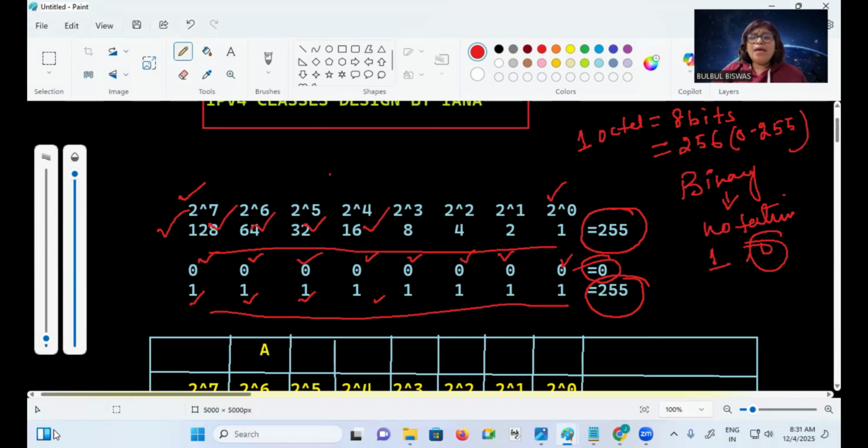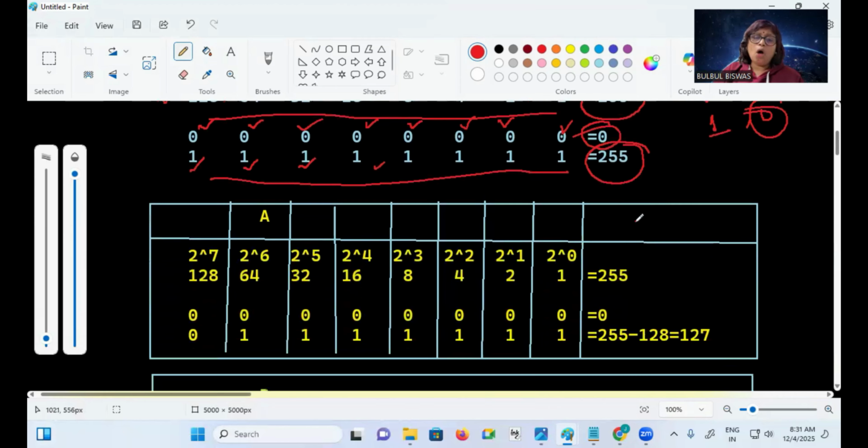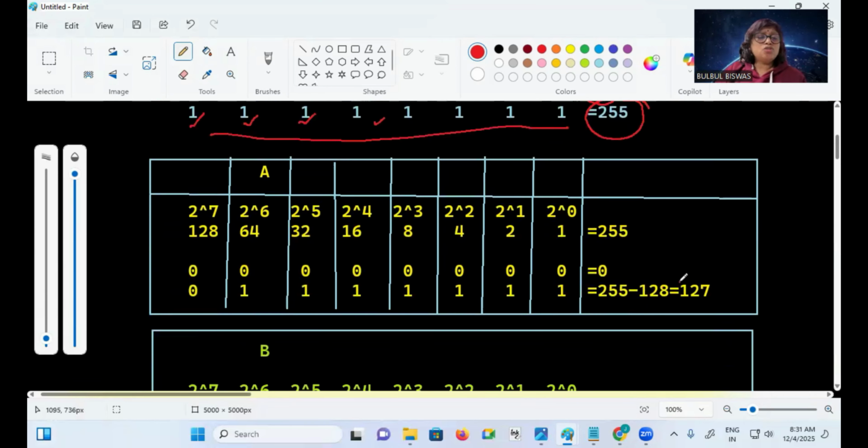IANA has done the same thing here, in how they have manipulated the octets. In case of the first octet, what happened? IANA has said the first octet will always be reserved as 0. It cannot be 1. So if we put every octet as 0, we get 0.